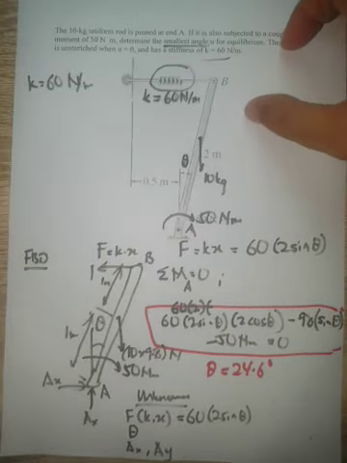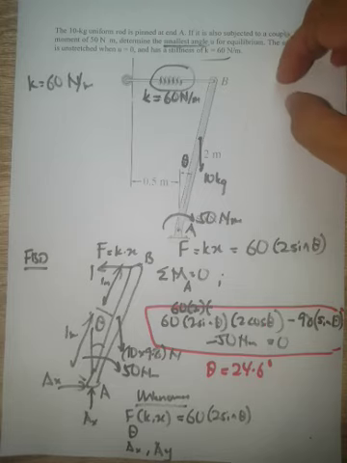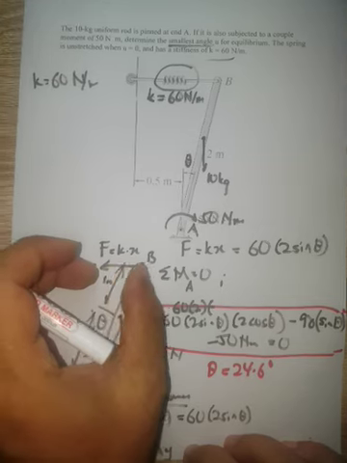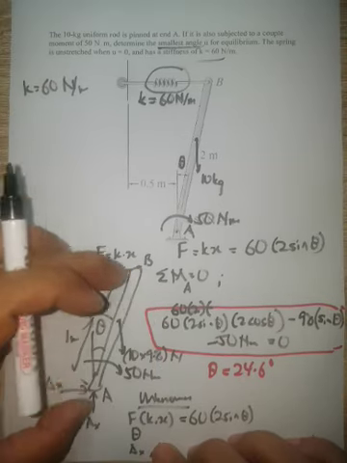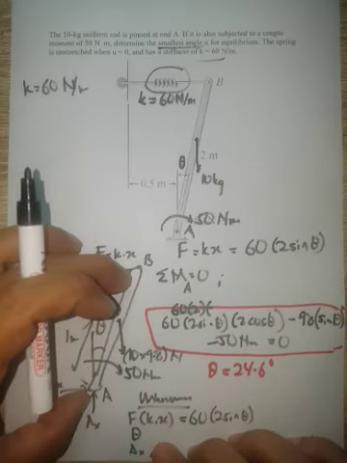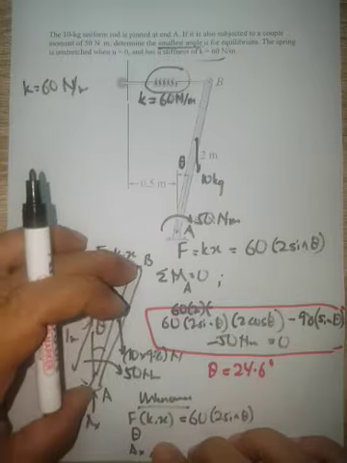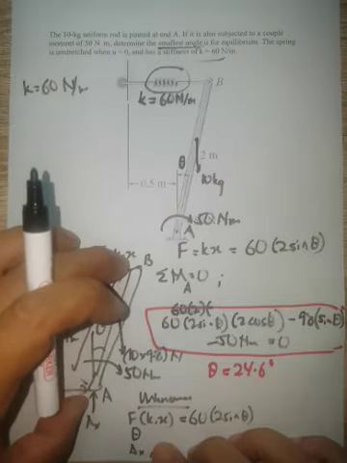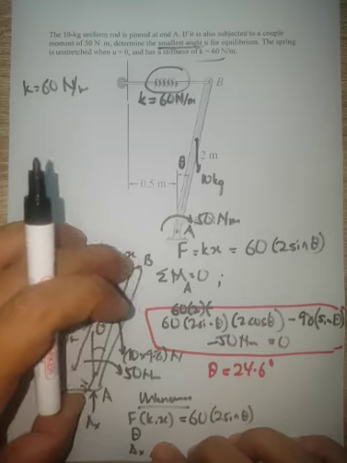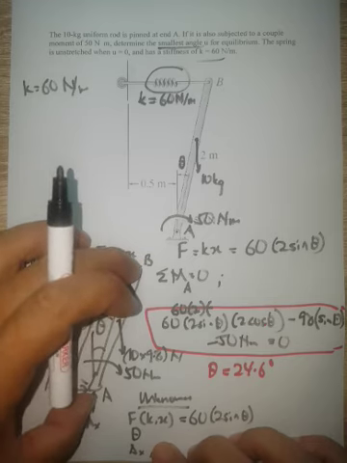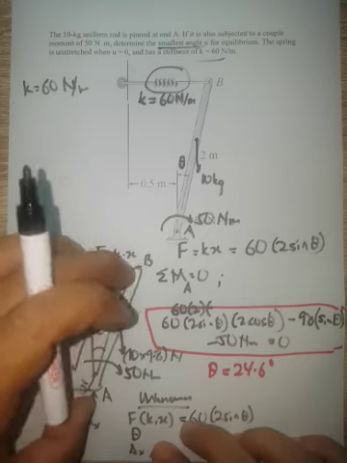Another thing in this problem is the geometry of the system. The length of the frame is 2 meters, and it will not change because this is a rigid body, so the length of the frame remains 2 meters.